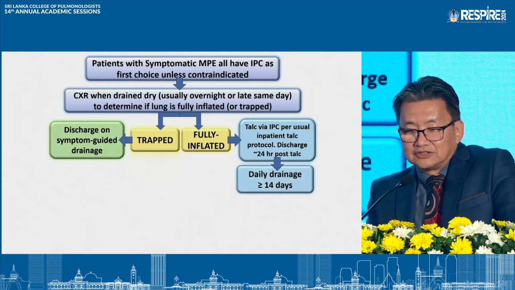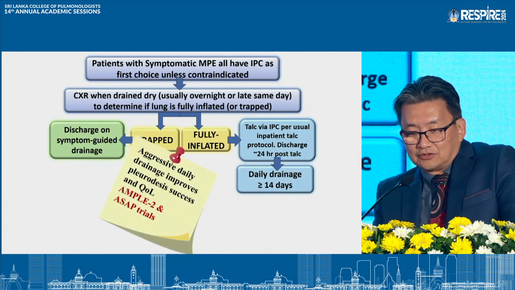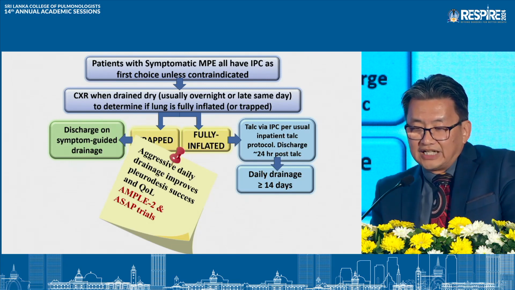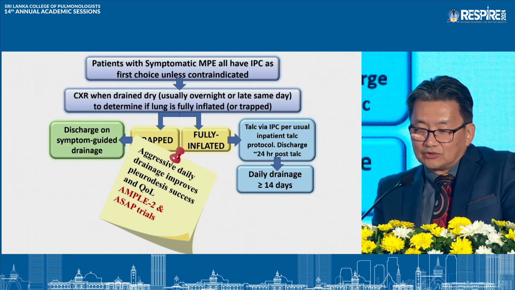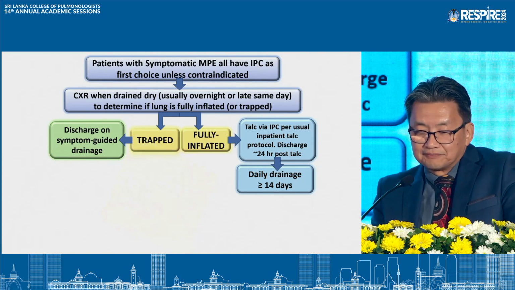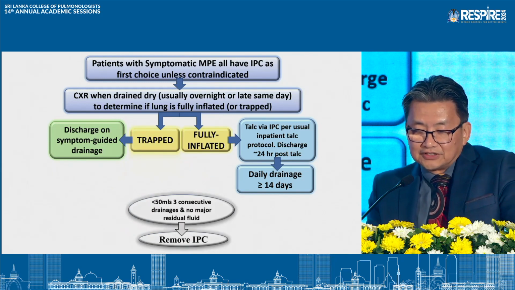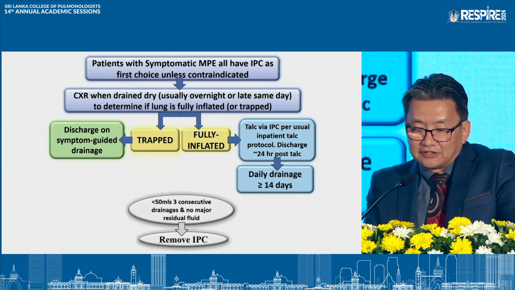And then based on the AMPLE-2 and the ASAP trial, we perform daily drainages and then see how it goes in the next 2 to 3 weeks. If the drainage volume continues to decrease, we will keep on the daily drainages. And if the drainages decrease to less than 50 mL on 3 consecutive occasions, we can remove the IPC.